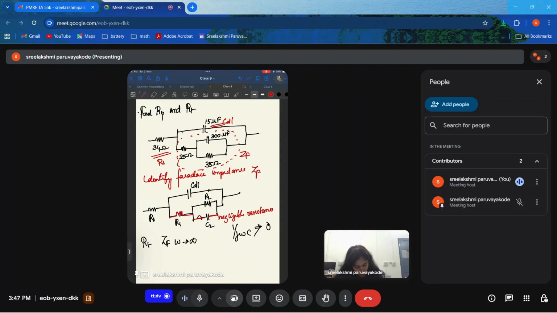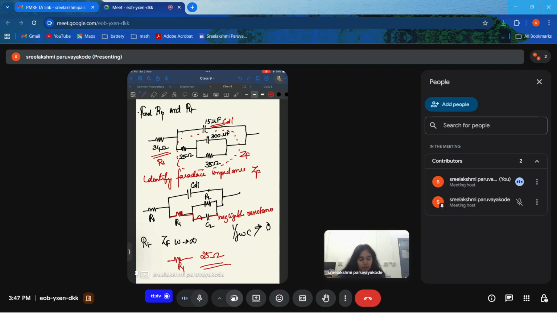It can go through either R2 or C2. Because the C2 capacitor is offering negligible resistance, all the current will pass through this. So this becomes R1 plus C2, and this C2 impedance tends to 0. So all you'll have is a single resistance, and the value is 25 ohm. Is that concept clear?